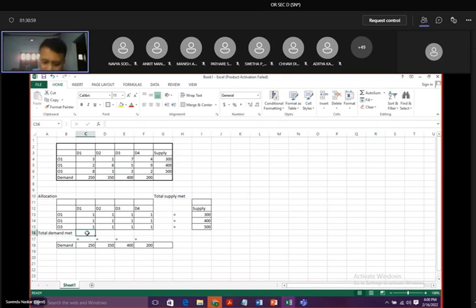You remember when you were solving the LP, we said we'll start with some random allocation, and then we will use the solver. So this is going to be the sum of, and this is going to be the sum of.